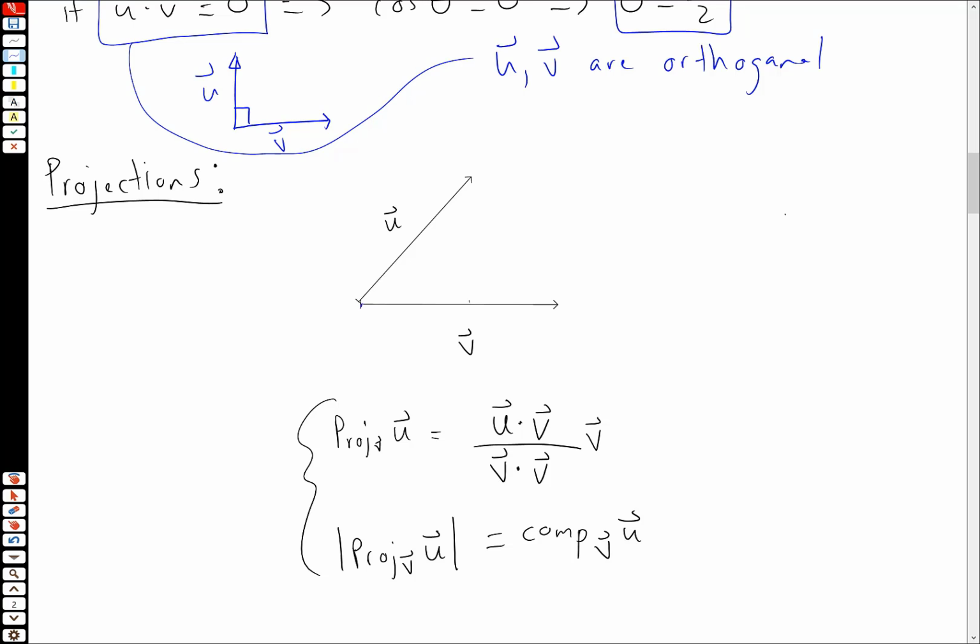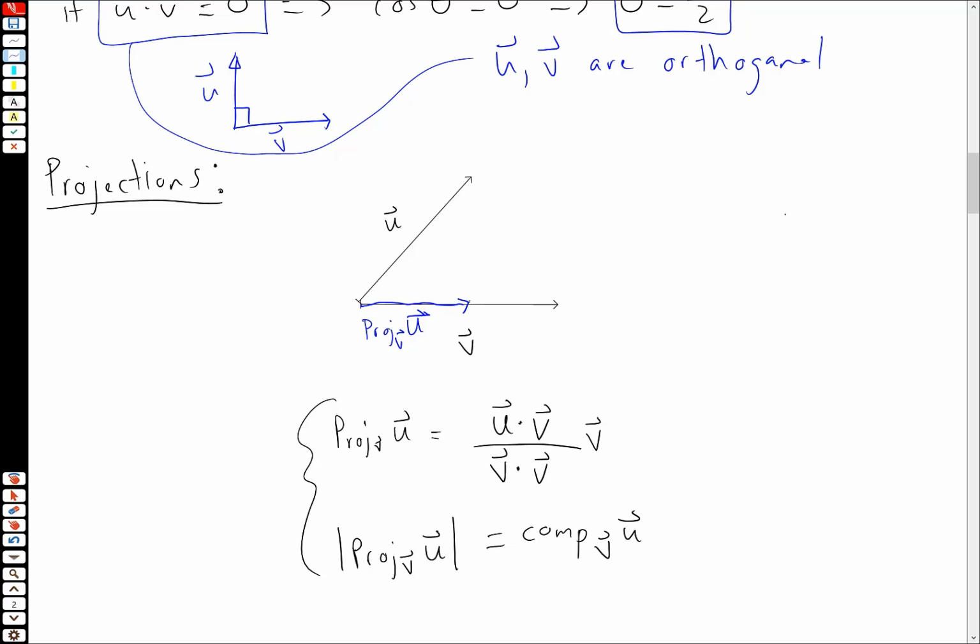Okay, u's shadow on v would be a vector that's lying on v, but that's under u, right? So this is sort of its shadow. So this vector here is what we would call the projection of u onto v. That's what that notation means, projection of u onto v.